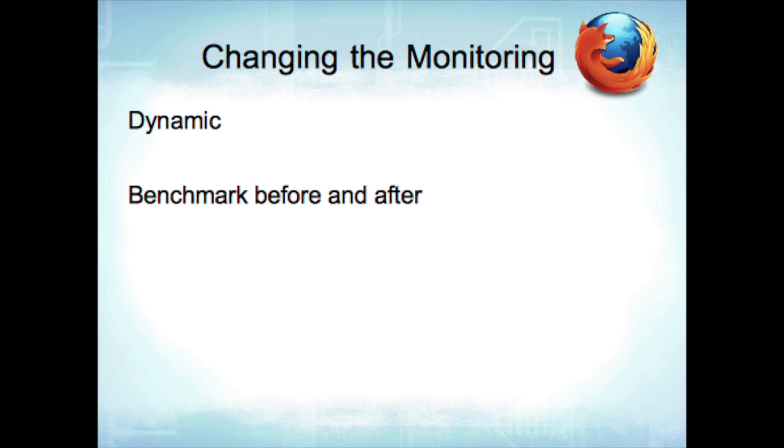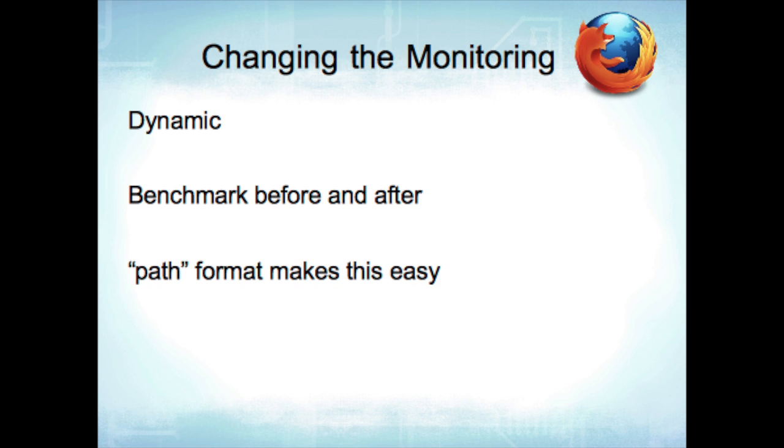So Mark Leith wrote a blog post about how he found that thread instrumentation, which is a specific monitor, if you keep that on, you actually get better caching and better performance for every thread, even if you never use the variable. So always benchmark before and after.